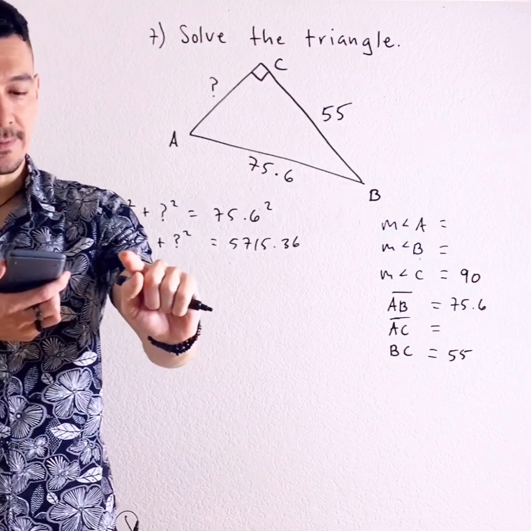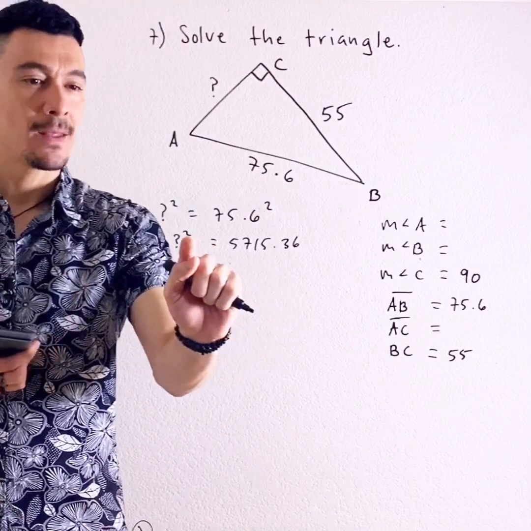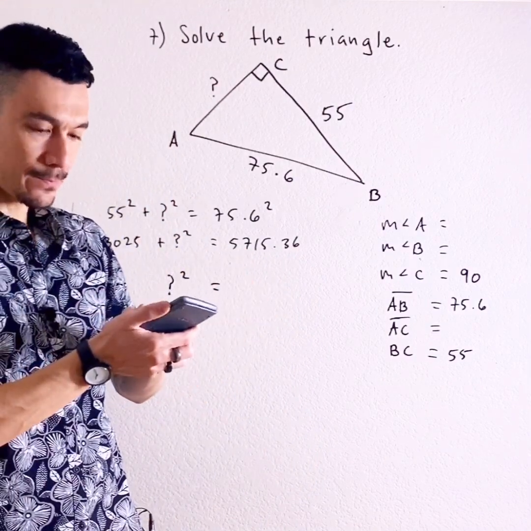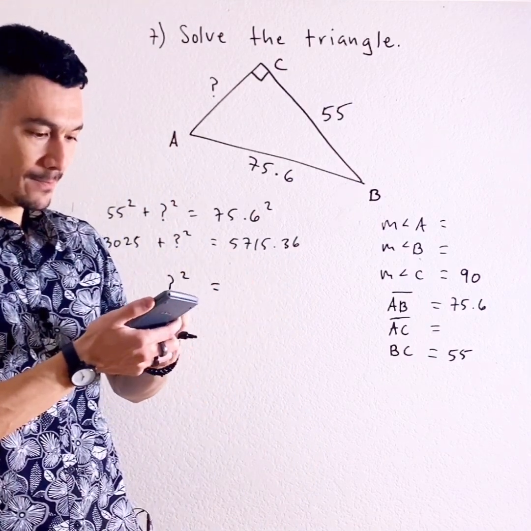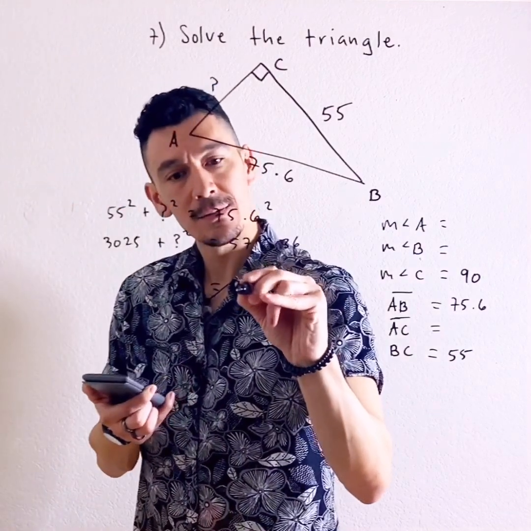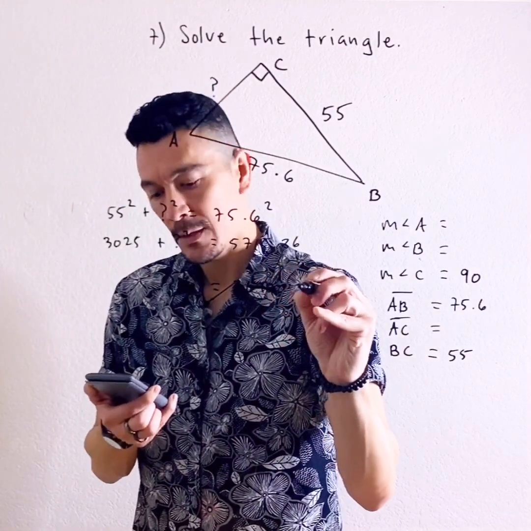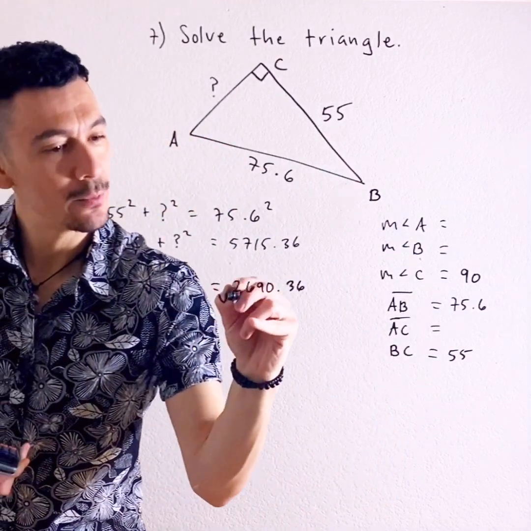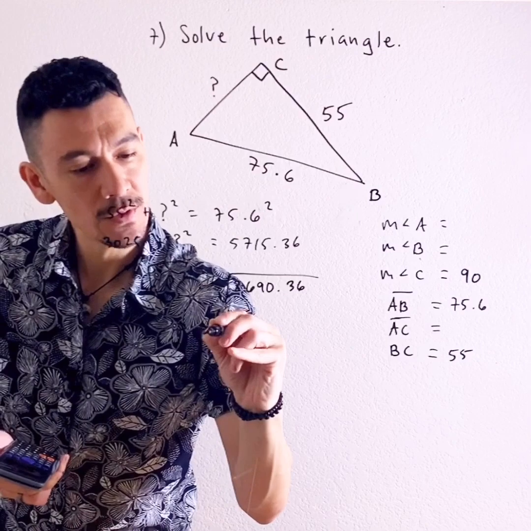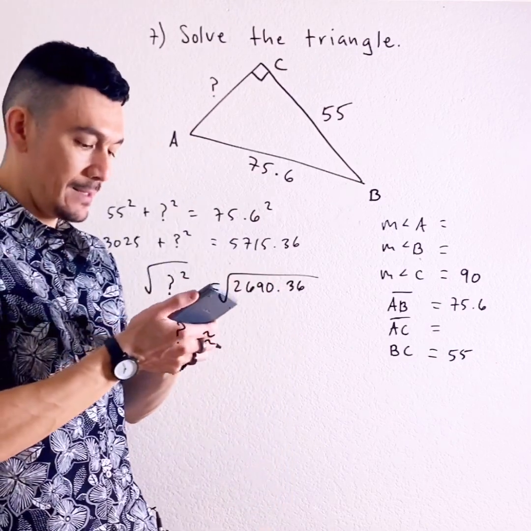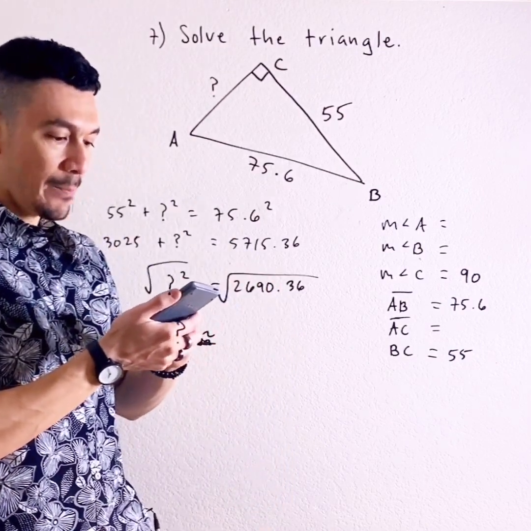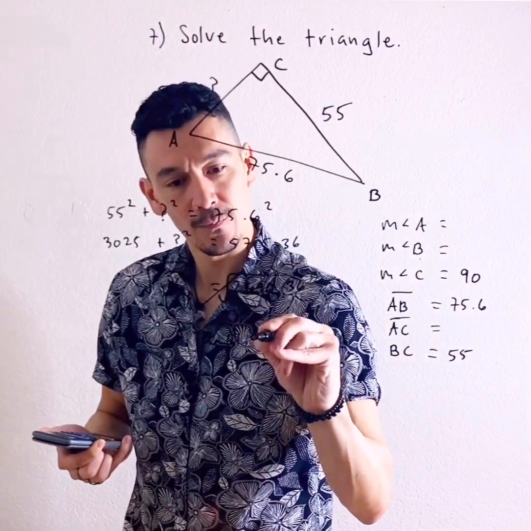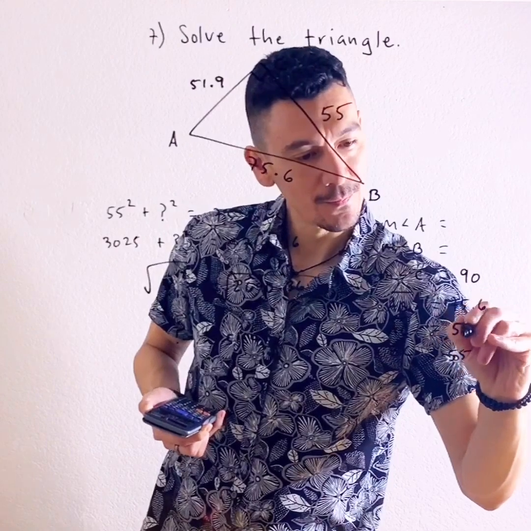So let's subtract this from that, and then we'll square root. So this from that, 2690.36. And now, of course, we can square root both sides. So the question mark rounded to the nearest tenth is about 51.9. And that goes in right there.